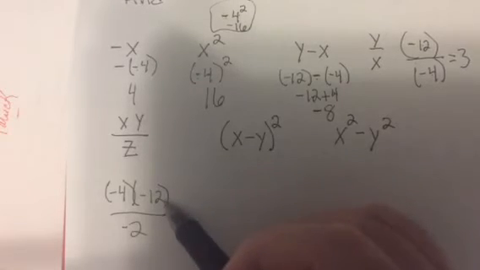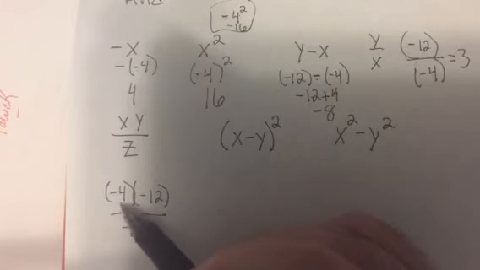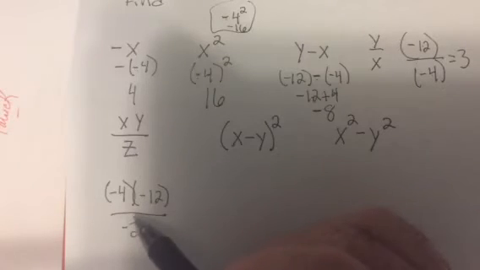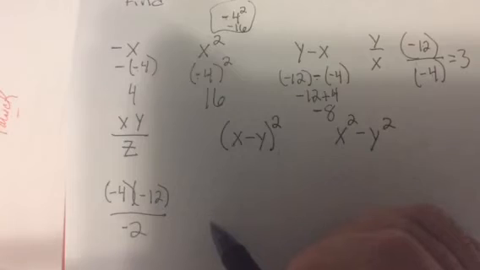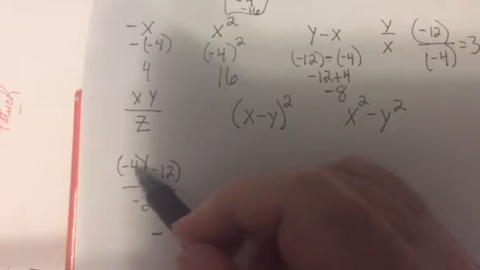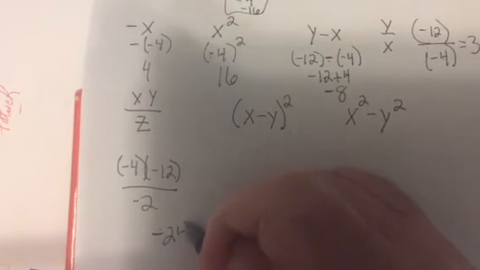You made 2 marks, 2 strokes, 2 journeys. But an odd number of negatives when you're multiplying or dividing is negative because you went there and stayed. So 1, 2 is back to the positive, 3, negative. So this would be negative. 4 times 12 is 48, divided by 2 is 24.